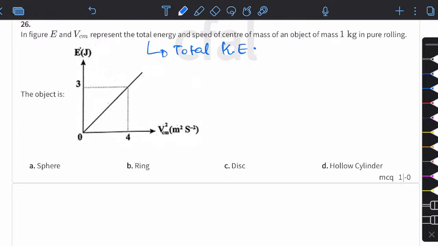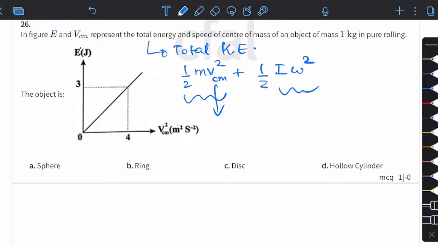Because when you have a rolling object, it has two kinetic energies. One is kinetic energy of translation plus kinetic energy of rotation. This is kinetic energy corresponding to motion of center of mass, and this is kinetic energy corresponding to rotation around center of mass.